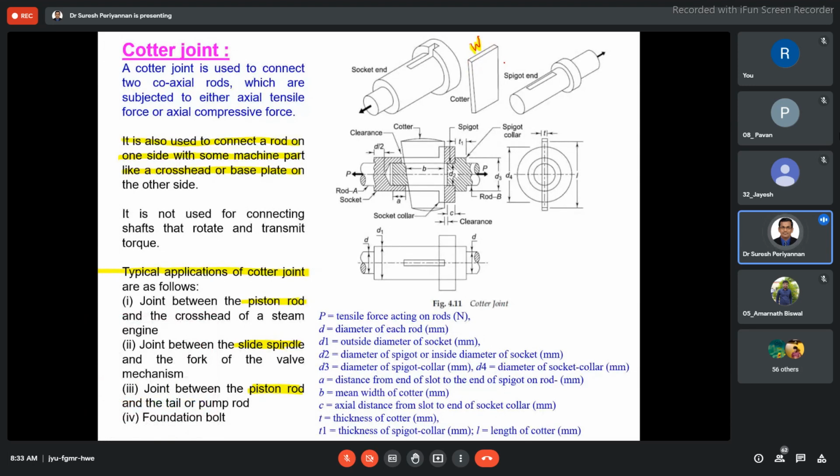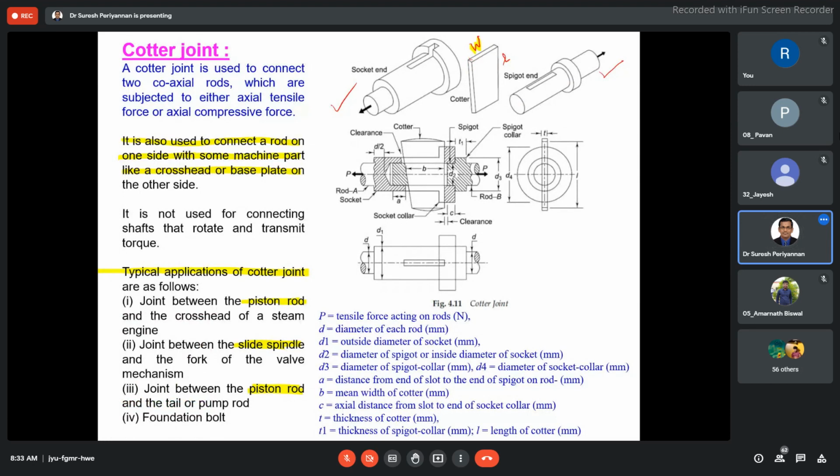This is the length of the cotter. Now, this is a little tapered along the length, and with the help of the taper, as well as the edges being slightly curved, we obtain the wedge shape action. With the help of this wedge action, the two components, I mean the spigot and socket, are tightly held.